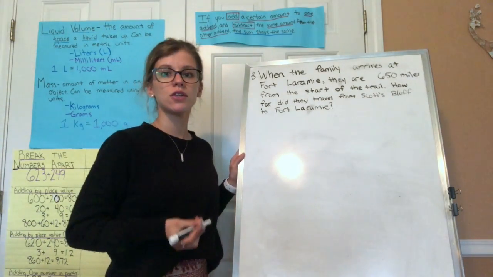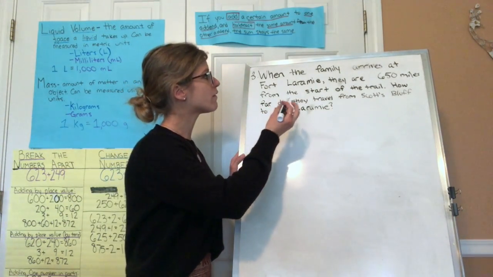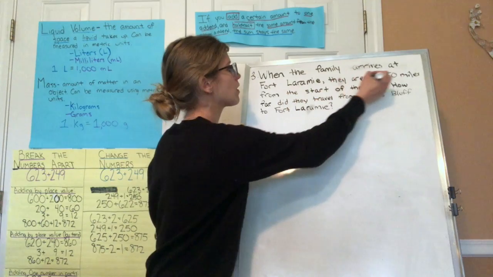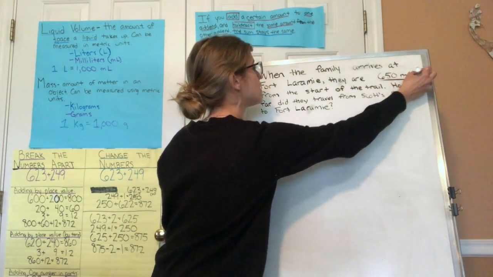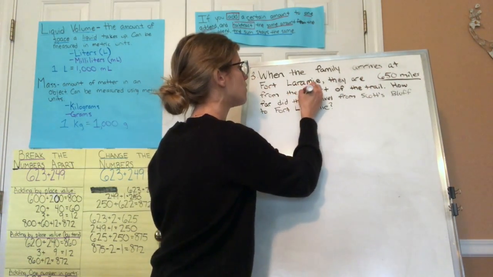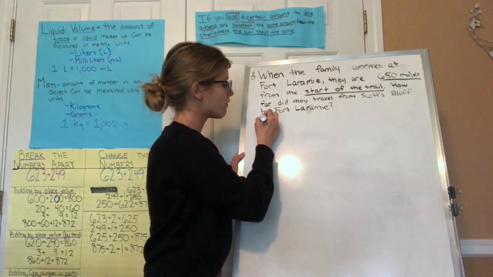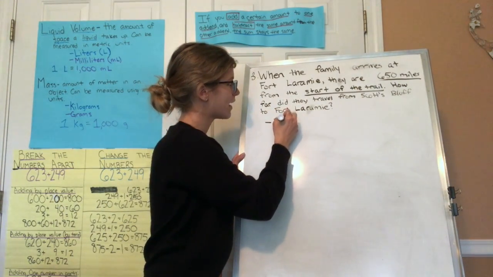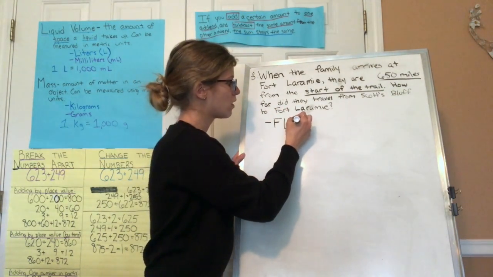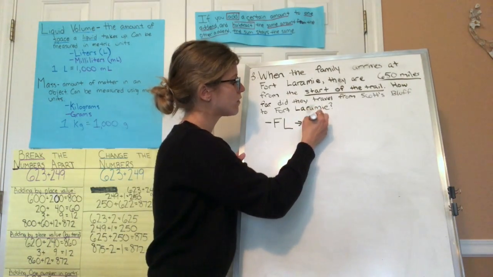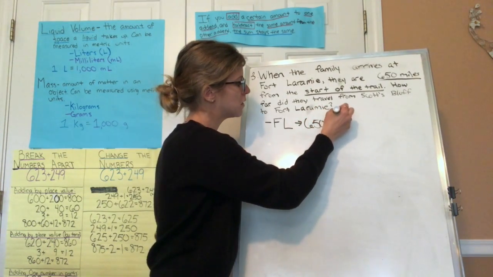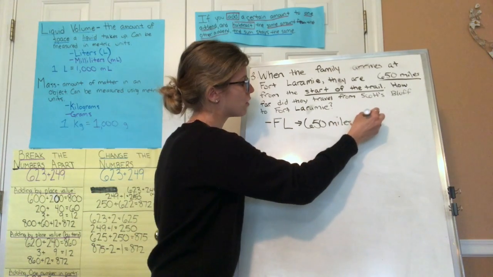If I was to take notes of this problem, I see that when the family arrives at Fort Laramie, they are 650 miles from the start of the trail. So at Fort Laramie, and I'm just going to write FL, they had traveled 650 miles from the start.